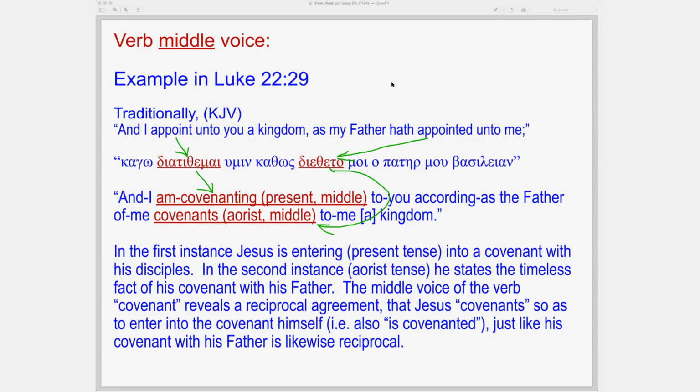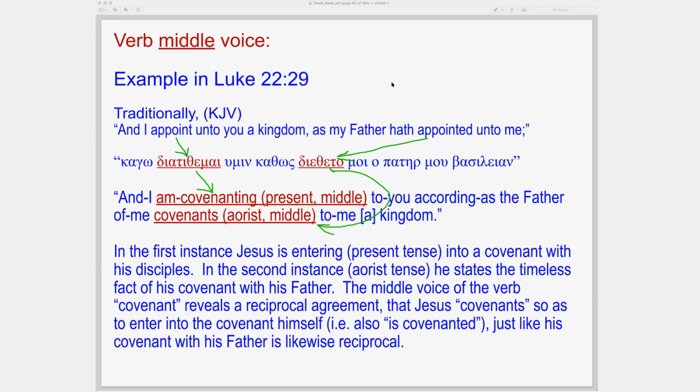In the second instance, it's in the aorist tense. So he states the timeless fact of his covenant with the Father. That he is in a covenant with the Father such that, Lou, reflexively, he is covenanted.